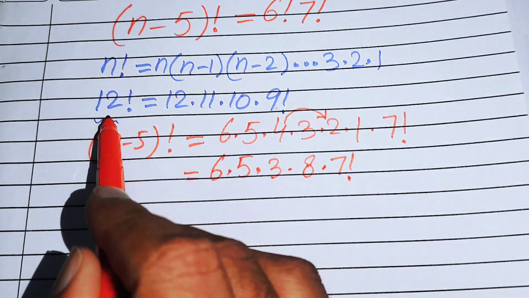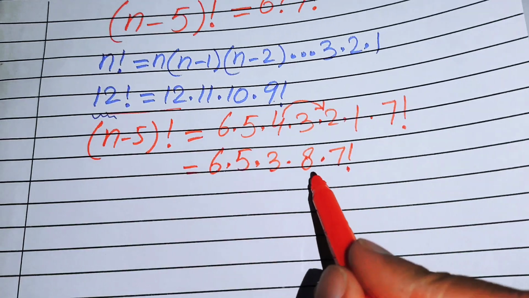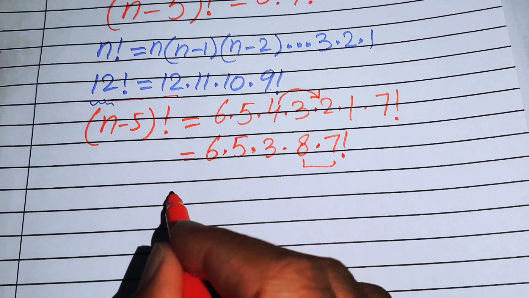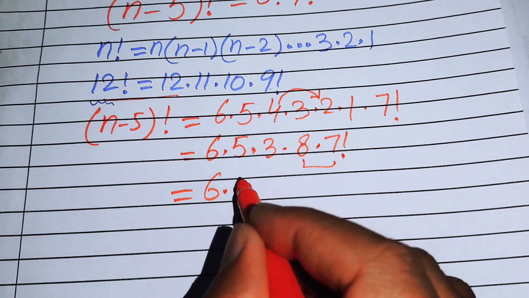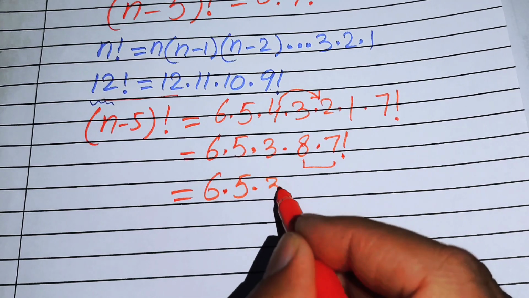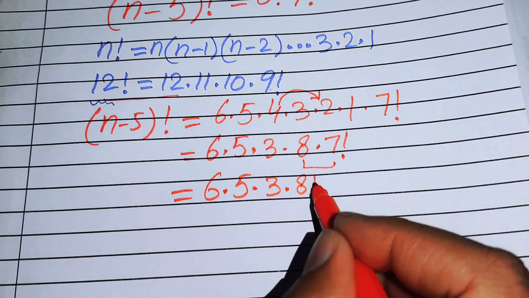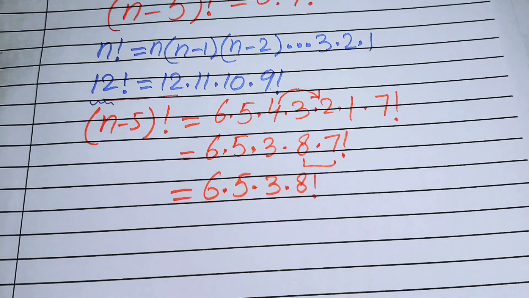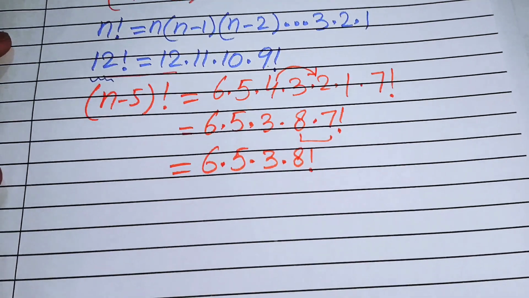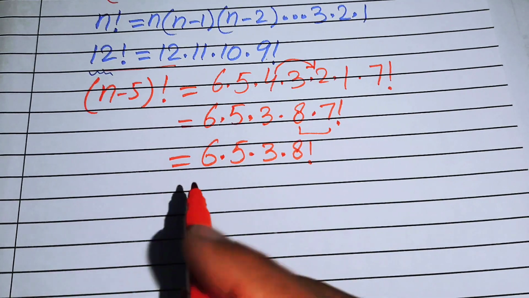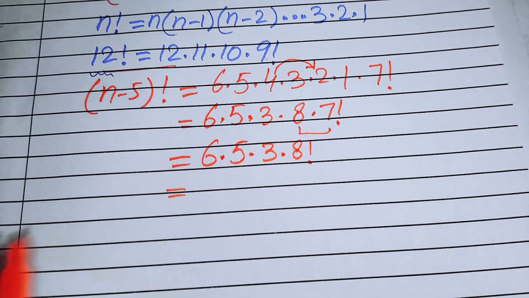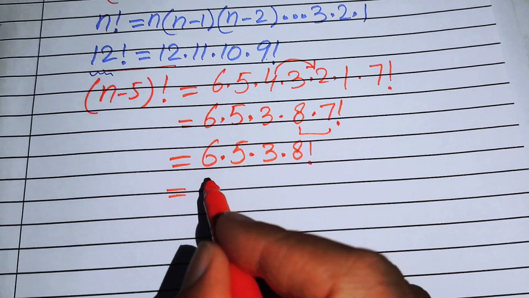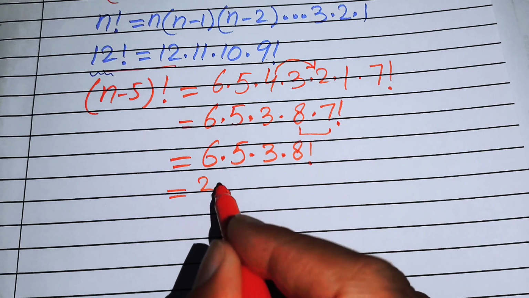According to this fact, I can combine 8 and 7 factorial, and it becomes 6 times 5 times 3 times 8 factorial, because 8 times 7 factorial becomes 8 factorial. In the next step we will break this 6 factorial, and you will get 2 times 3.